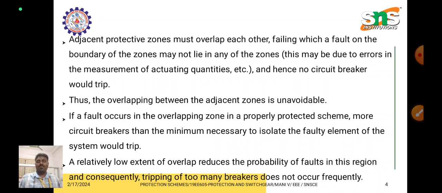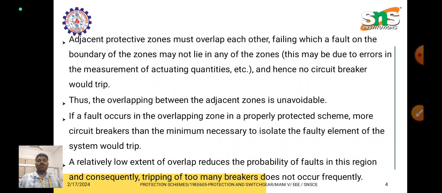For example, there is a fault located at the boundary of the generator or the boundary of the transformer. Now, will the transformer circuit breaker operate or the generator circuit breaker operate, because it is near the boundary of both the transformer and the generator?